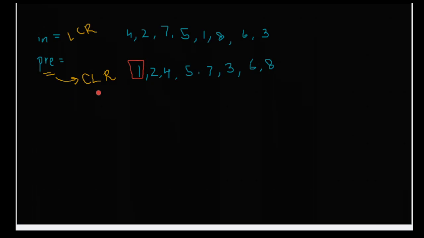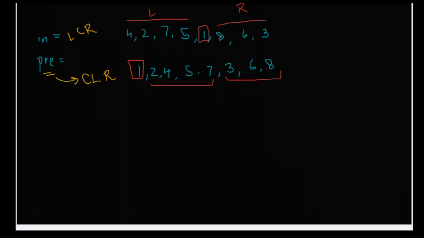Pre-order suggests the very first value is the root, followed by the left and right. In-order gives the root in between. So we found the root. Now we know these elements will come in the left subtree, and these in the right subtree of this particular root. Using this we can separate which elements came from the right and which from the left.